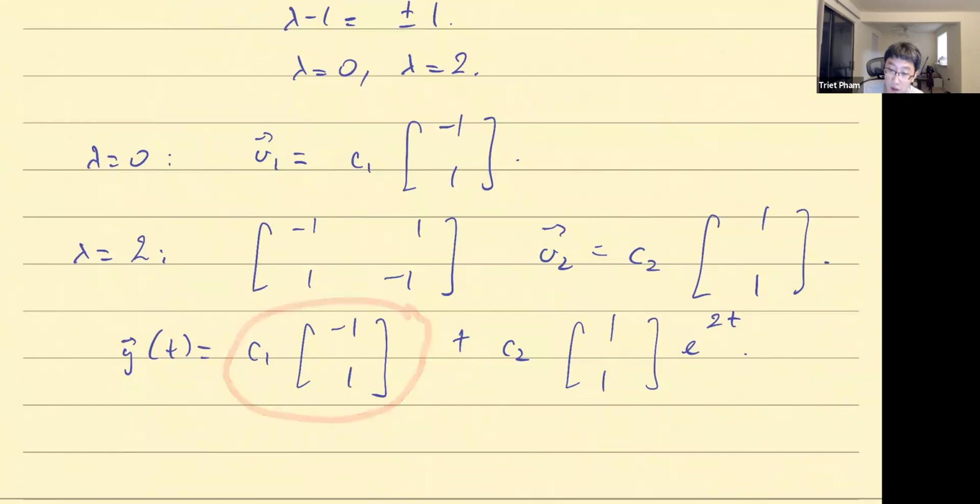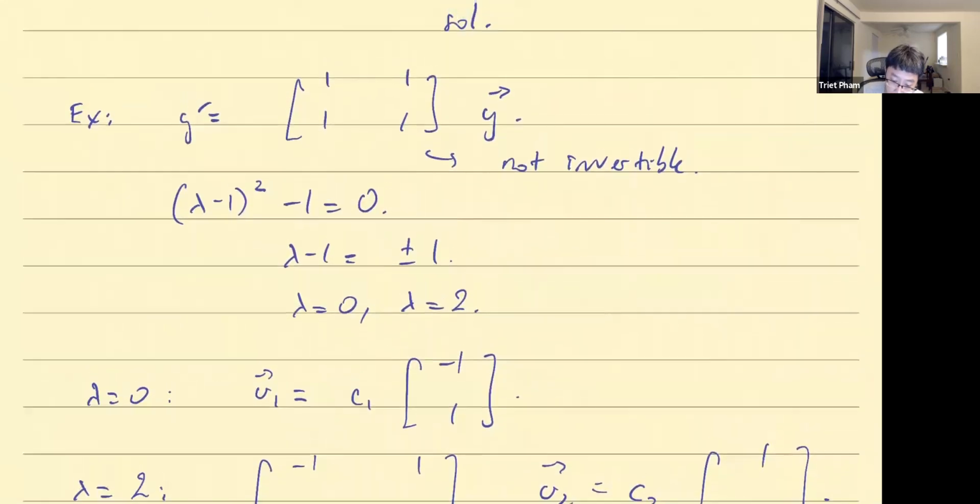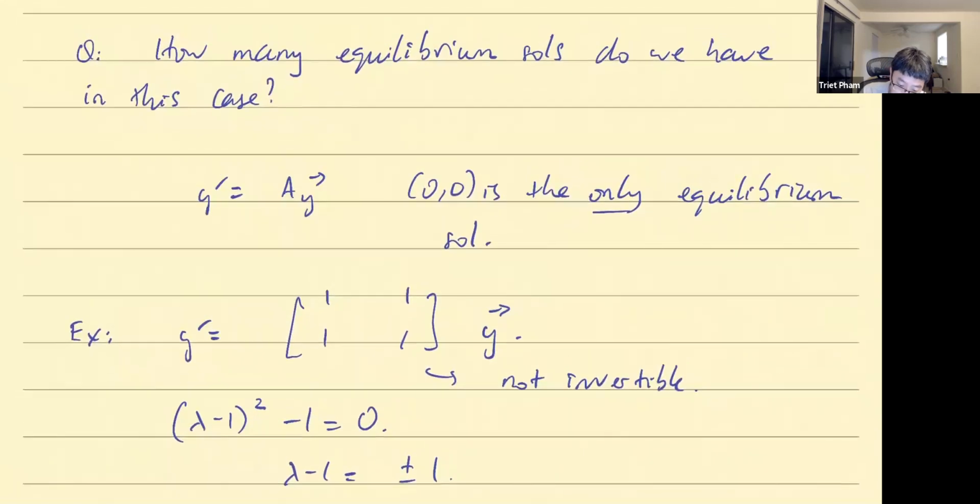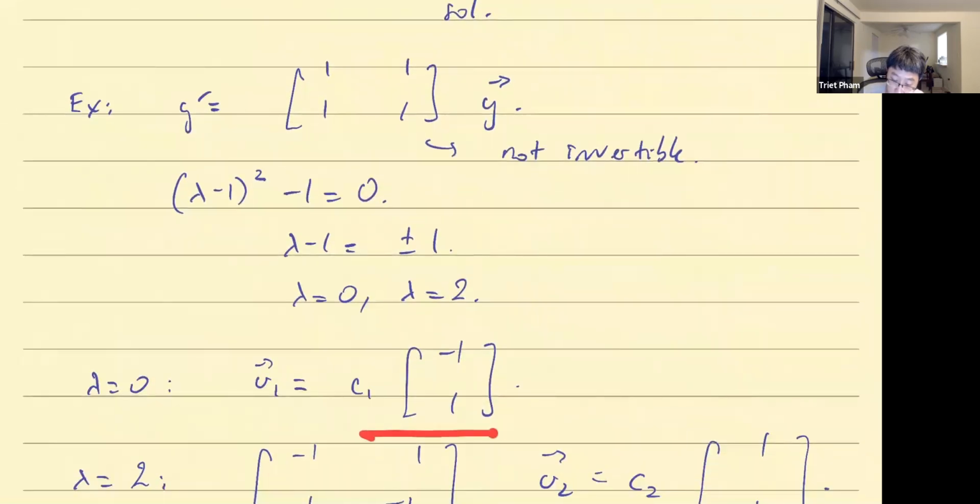So in this case, when you have lambda equal to 0, you will have infinitely many equilibrium solutions for the system. Basically, anything along the line of the eigenvectors that correspond to lambda equal to 0 is an equilibrium solution.